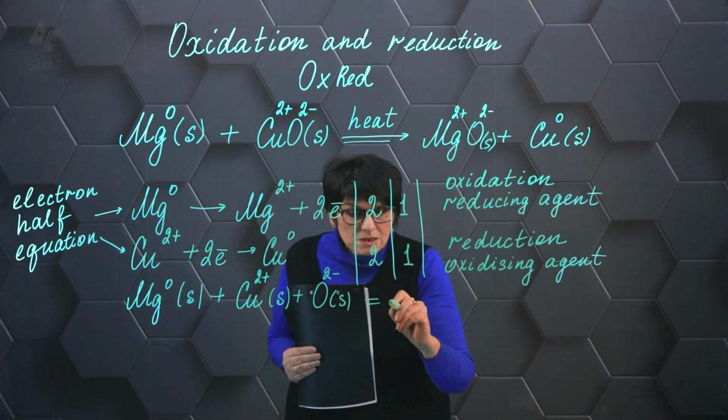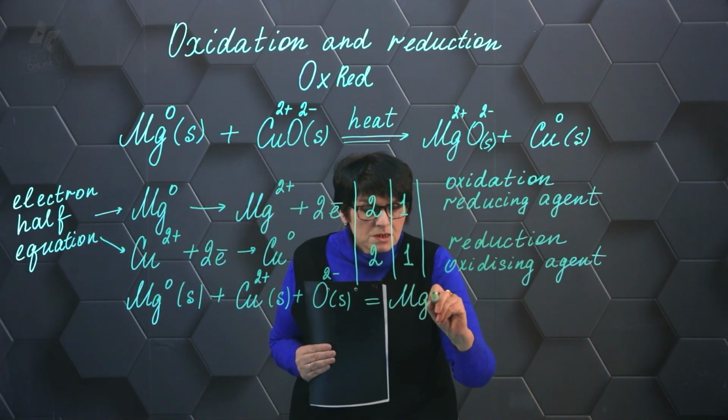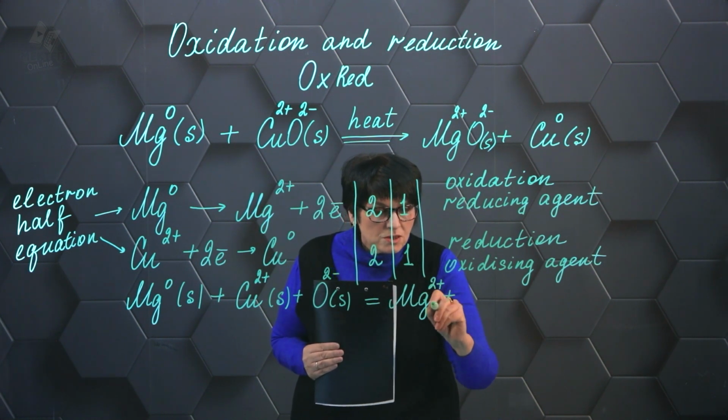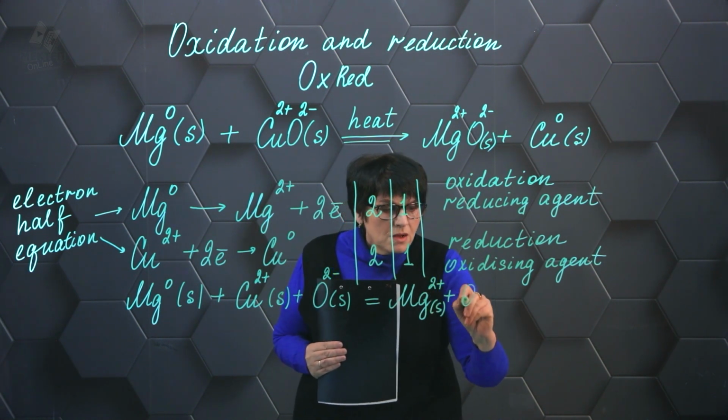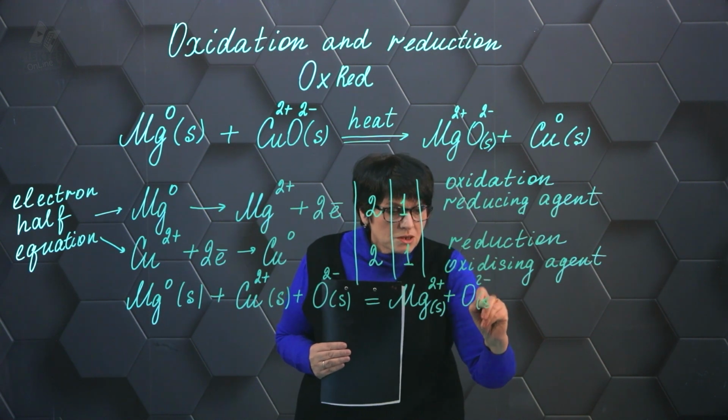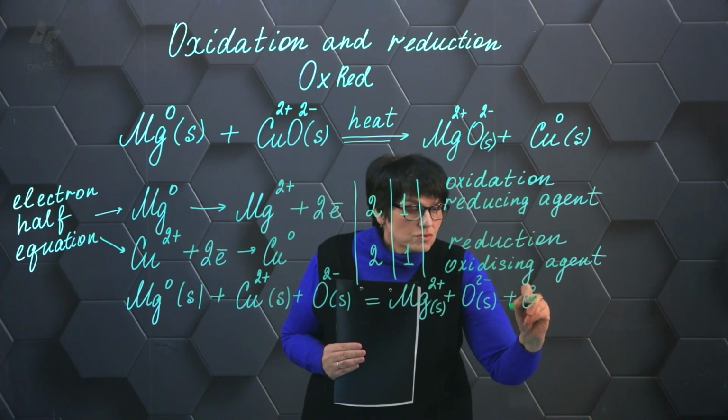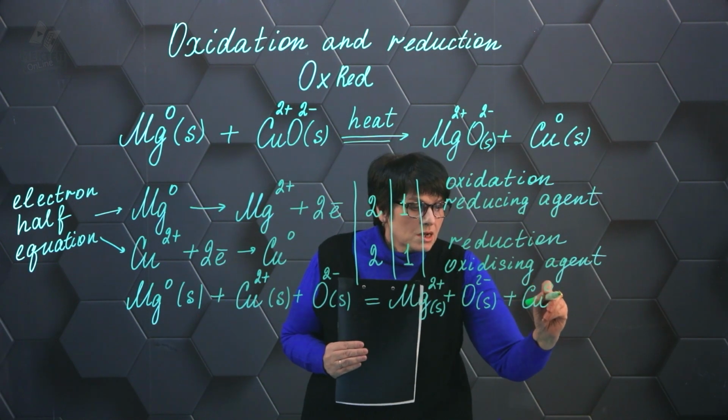And on the right-hand side, magnesium oxide will also behave. It will go into magnesium oxide solid, into oxygen, which is also solid, and you get copper, which is also solid.